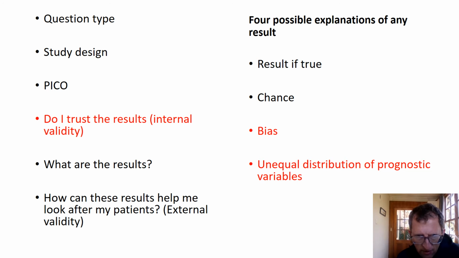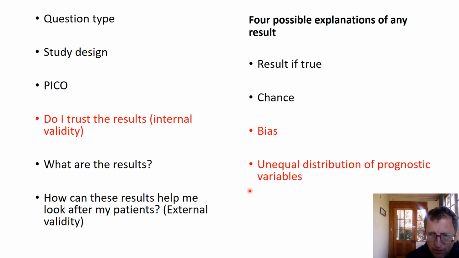And I was saying that the other part of internal validity is that you're looking at the table of baseline characteristics, just to see how equally distributed the prognostic variables were. So if I had a study on hormone replacement versus no hormone replacement for cardiovascular events as the outcome, I would be making sure that their cardiac risk factors in the baseline characteristics are fairly well distributed.